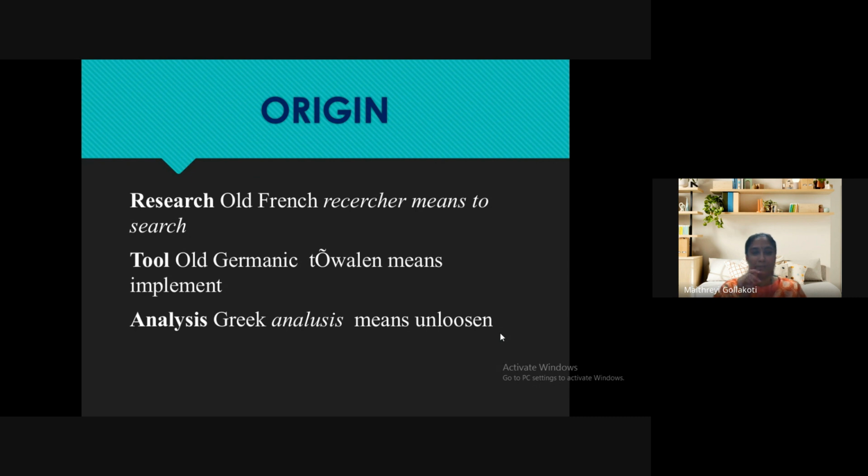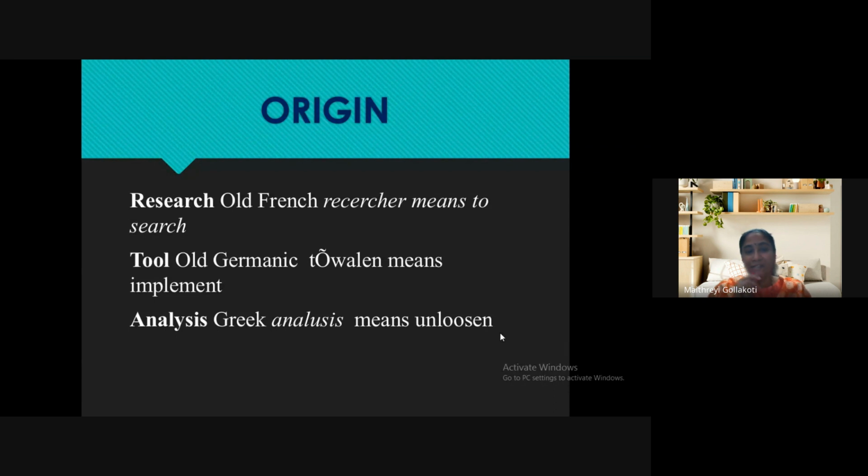Next is tool. The word tool is actually a German word. The origin of the word is German. And the word is pronounced as Tollen. Tollen means an implement. Implement means a kind of gadget which performs a few tasks. And next, the word analysis.